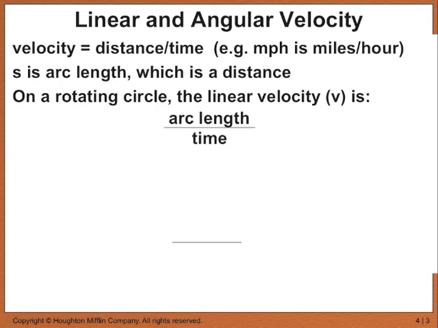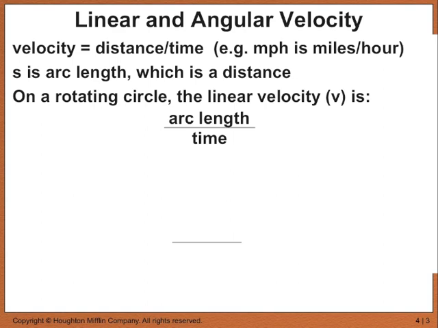It's still distance over time, but in this case, we're talking about arc length over time. And it's called linear velocity because it's the velocity at any point on the rotating circle in a tangential line. You could always have a line tangent to the edge of a circle, and at that particular point in time, it has a linear velocity denoted by arc length over time.